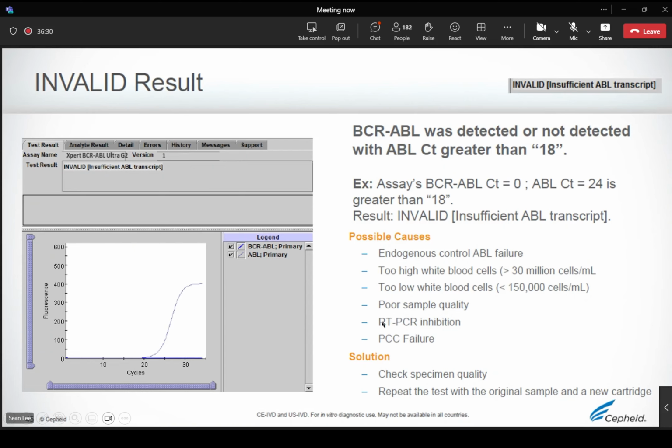Poor sample quality: there is PCR inhibition by substances in the blood. It may give you an invalid result. Or PCC failure, which is due to the cartridge. Do always check the specimen quality and the white blood cell count in the samples. Just repeat the test with the original sample and a new cartridge if you get invalid results.